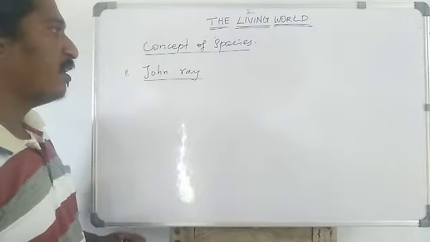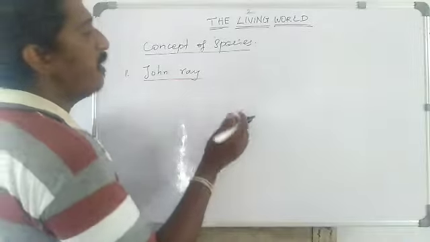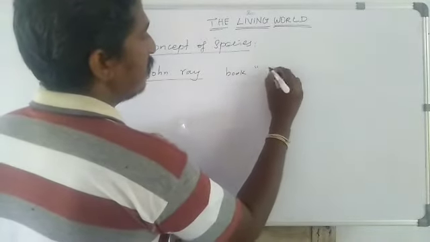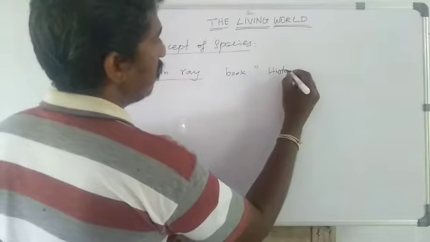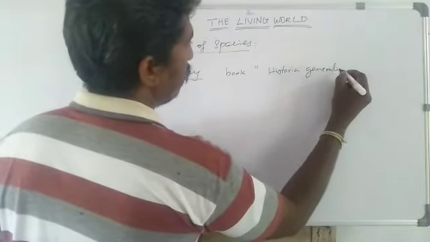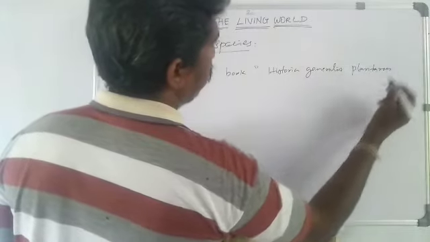Okay, and he also explained many species names in his book named Historia Generalis Plantarum.